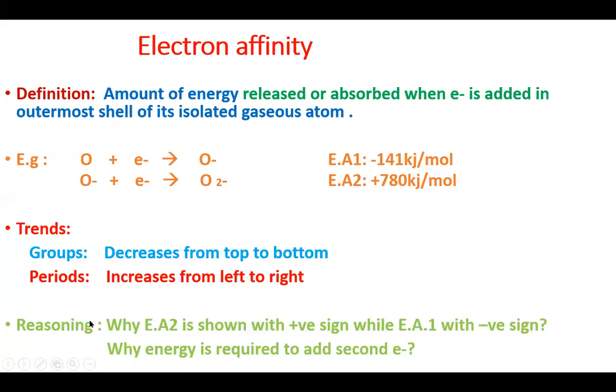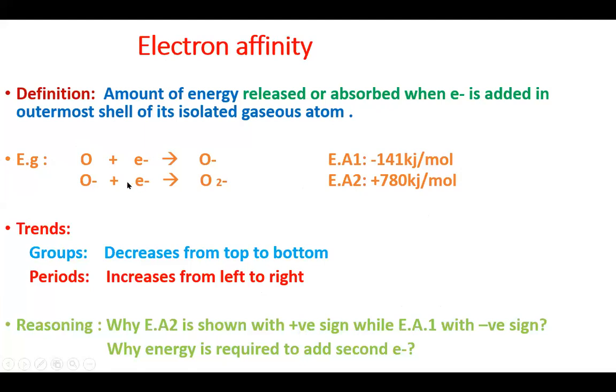Two questions arise. Number one, if we take the example of oxygen, why is the second electron affinity shown with a positive sign while the first electron affinity is shown with a negative sign? The answer lies in the fact that when the first electron was being added, it was added to a neutral atom.